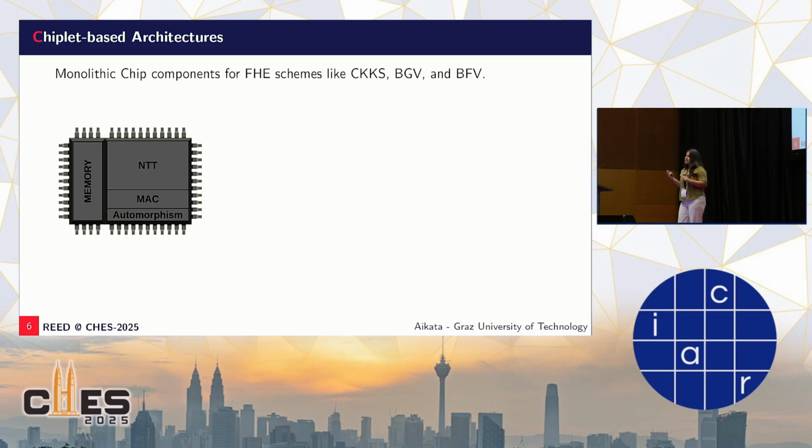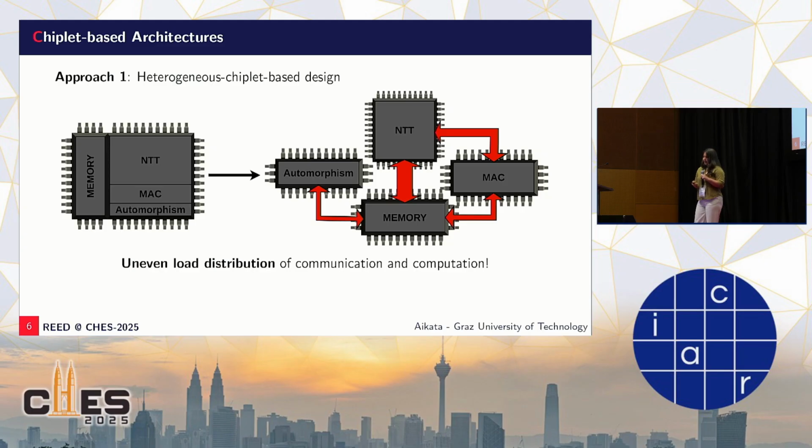chips look like for schemes such as CKKS, BGV, and BFV. They generally have 3 main compute components, NTT, MAC, and automorphism units, which are fed by large on-chip memories or large off-chip memories such as HBM. A naive way of realizing this using chiplets would be to form a chiplet for each of these main components.